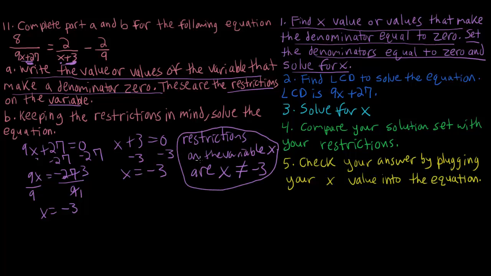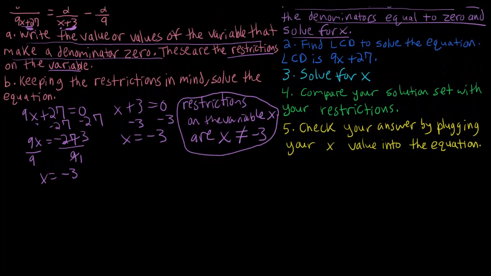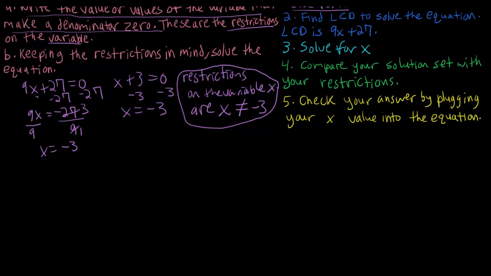Because if x is negative 3 in either of these situations, then the denominator would be 0. And the denominator can't be 0, so that's part A. The next part, part B, which is step 2, it says keeping the restrictions in mind, solve the equation.